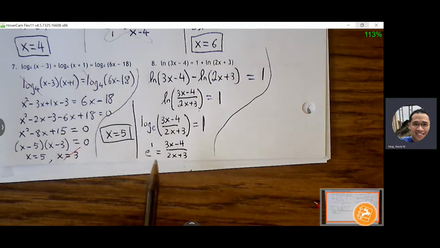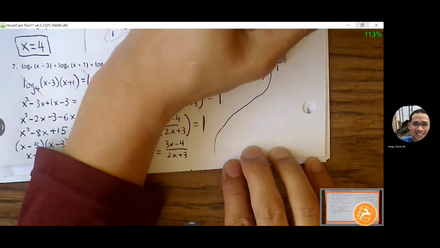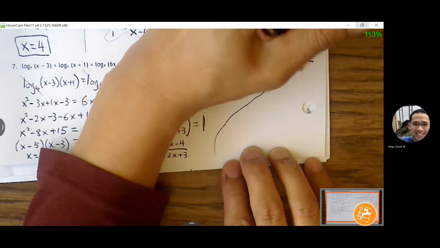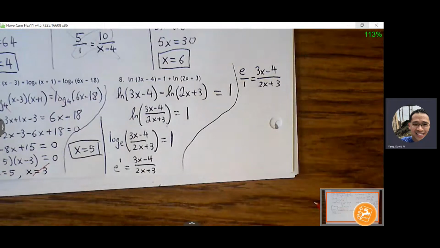All right, it's a little messy here. I'm going to have to put this e over 1. Let me cross multiply.